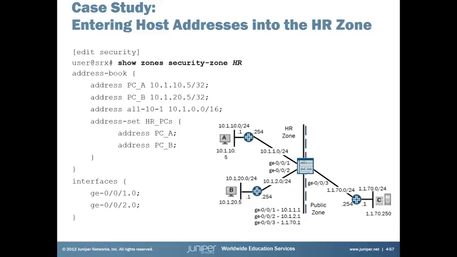So we've got PCA and its address, PCB and its address. We have got all 10-1 PCs, and we've got a /16 on that. So that encompasses that whole block of addresses in that particular entity. We've got an address set.